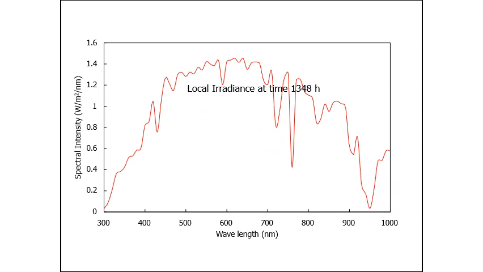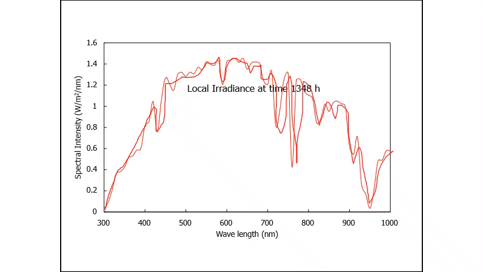For example, consider the spectral intensity and wavelength plot for this graph. This one is the local irradiance at a certain time, 1348 hour. This distribution, right?